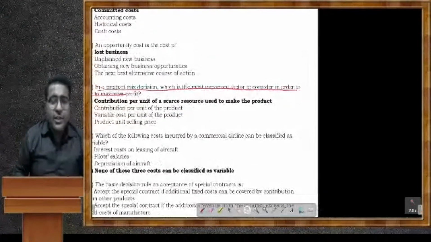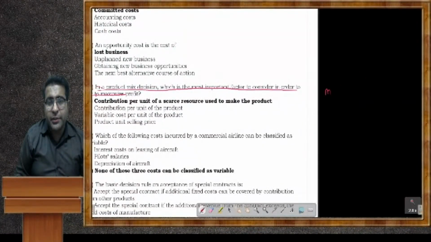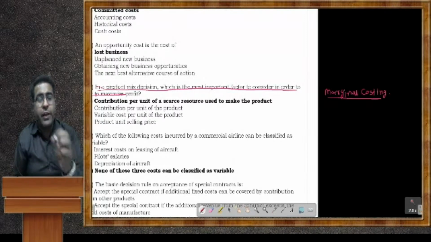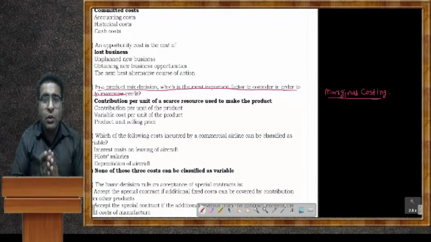This question is related to marginal costing. In marginal costing, we have to compare one product to another product, to see which product is more profitable.